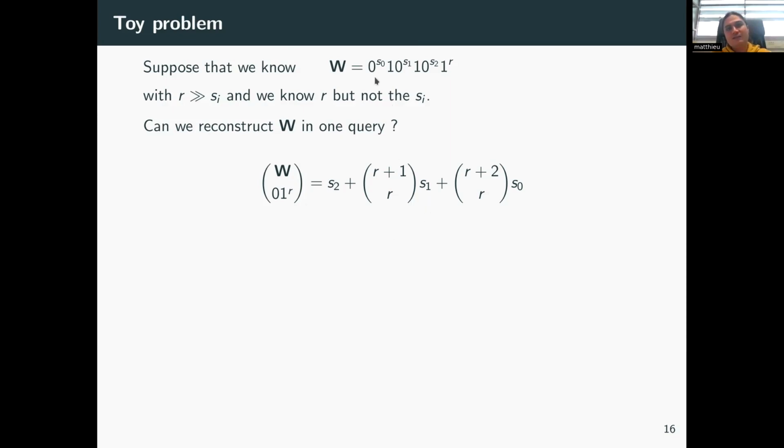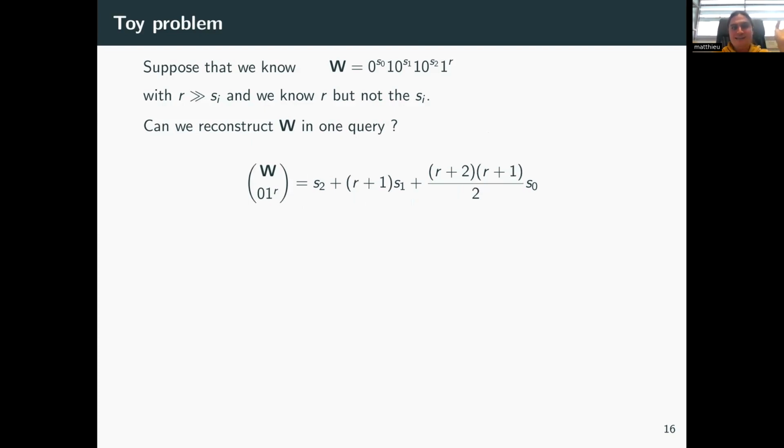And now if you take the 0 inside of this, then there are S0 ways to choose precisely the position of 0. And then there are R plus 2 choose R ways of choosing the ones. So you get this part of the sum. So this is the exact value of the number of occurrences of 0, 1 to the R inside W. Okay, that's good.